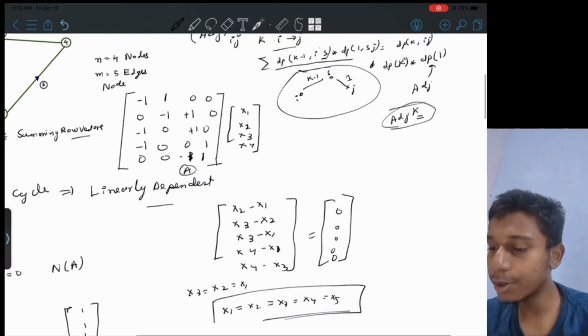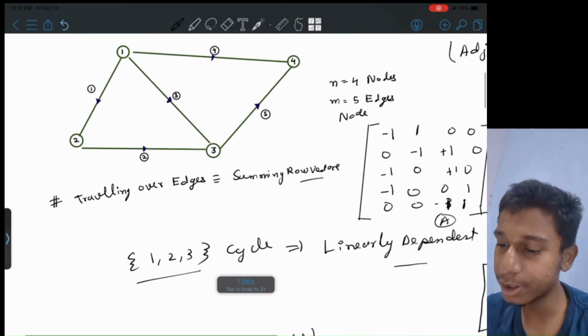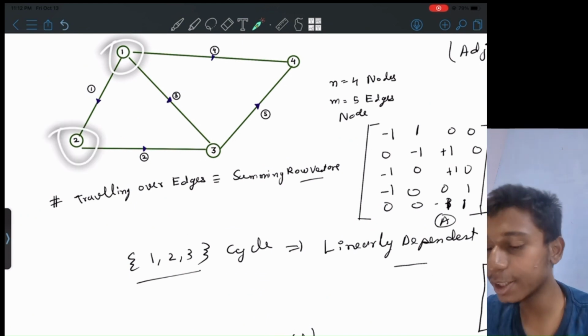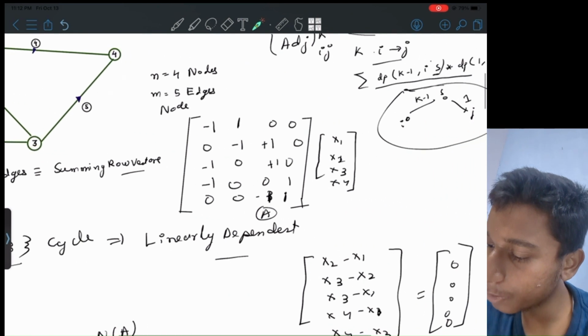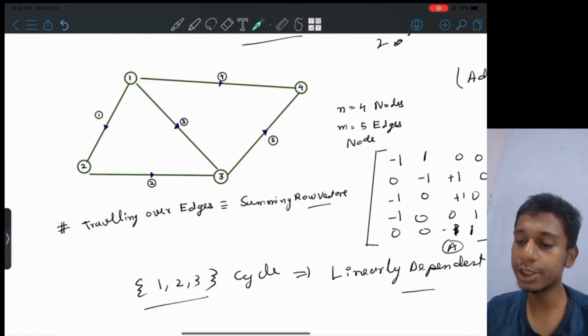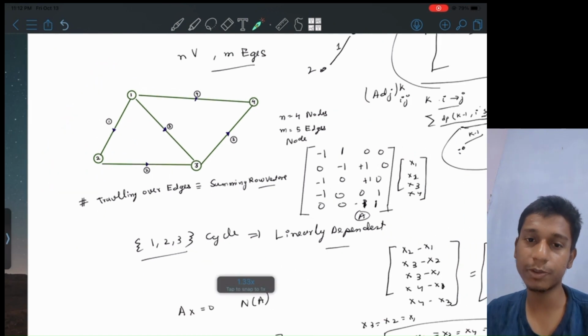I forgot to tell you that these x's represent the potentials at various points. x1 represents the potential at point 1, similarly x2 at point 2, and the first edge, which represents the flow through the first wire, simply indicates the potential difference between them, which is x1 minus x2 or x2 minus x1.